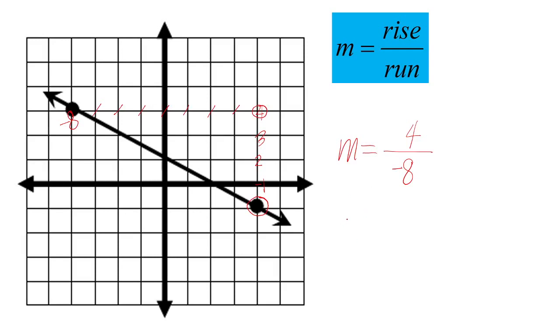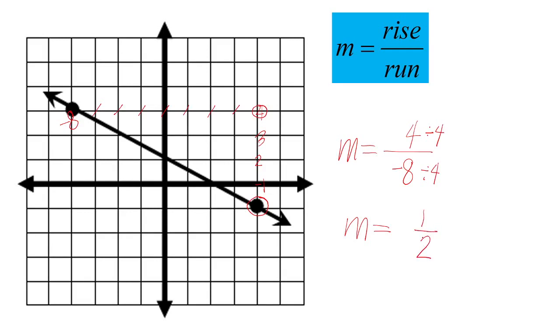What's the simplest form for 4 over negative 8? Just reduce 4 over 8. Pila may common ni 4 ug ni 8? 4. Oh, divided by 4. So this becomes 1 over 2.